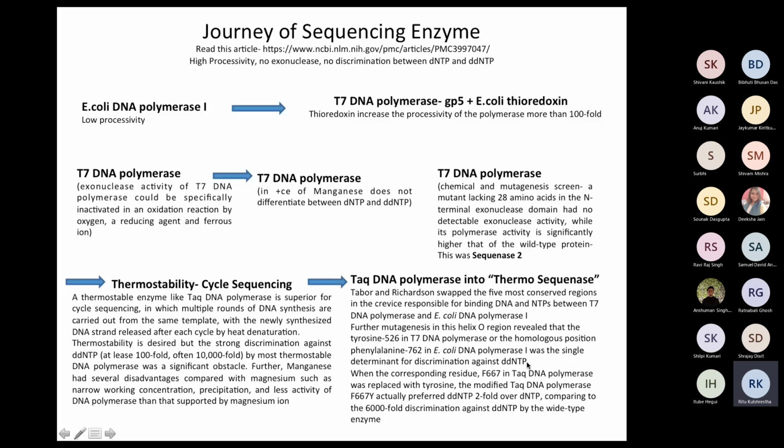So, because now we know that this tyrosine is responsible for the good properties that we want in the sequencing enzyme, what they did was that the corresponding residue in Taq DNA polymerase, they replaced that with tyrosine.